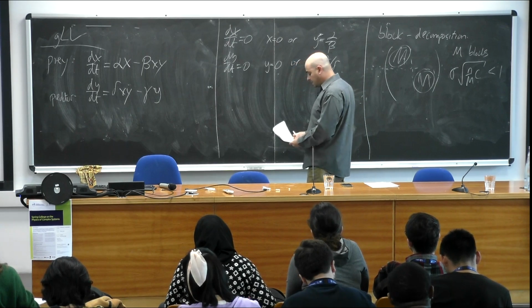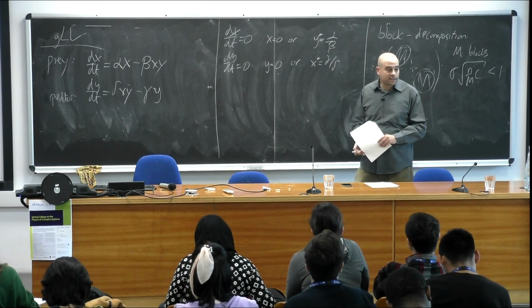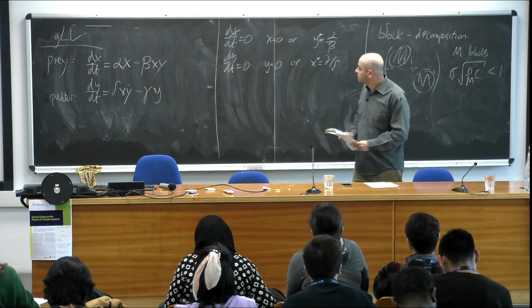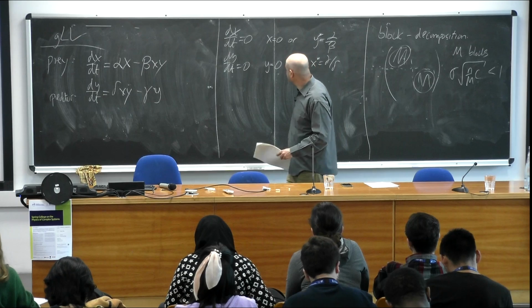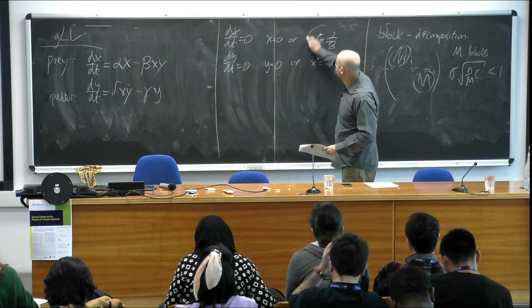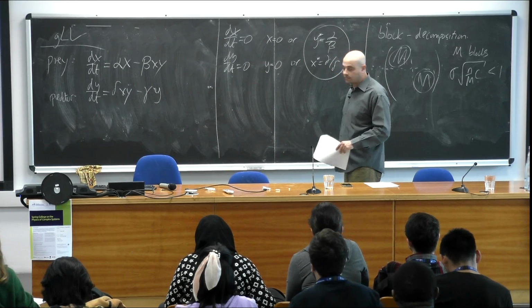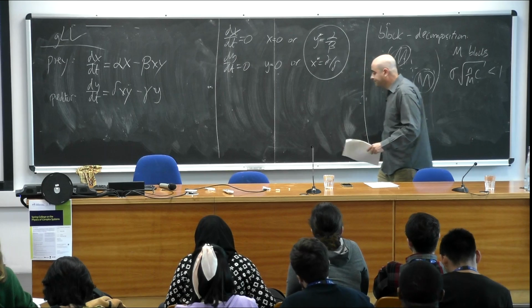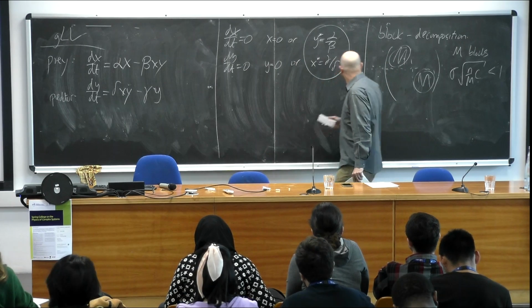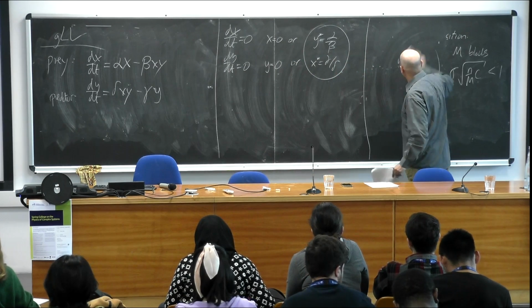Right, and then we can do a linear stability analysis about this. So now, of course, this is the interesting non-trivial fixed point of the system. So at this point, we can even draw it.